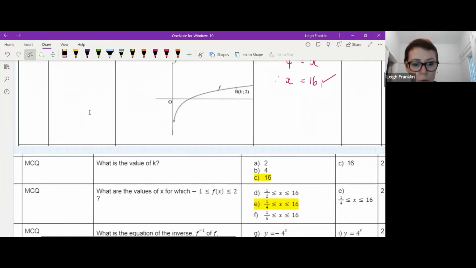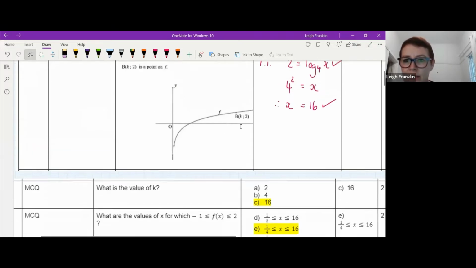Then the second question is, what are the values of x for which f of x is greater than or equal to -1, but smaller than or equal to 2? For this particular question, there would have been a little bit of working out involved. Don't know if you remember, we'd actually gone through this question together in class.